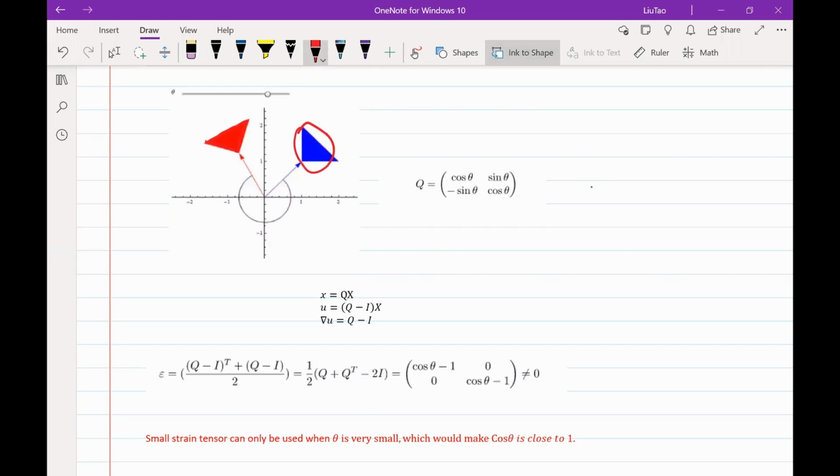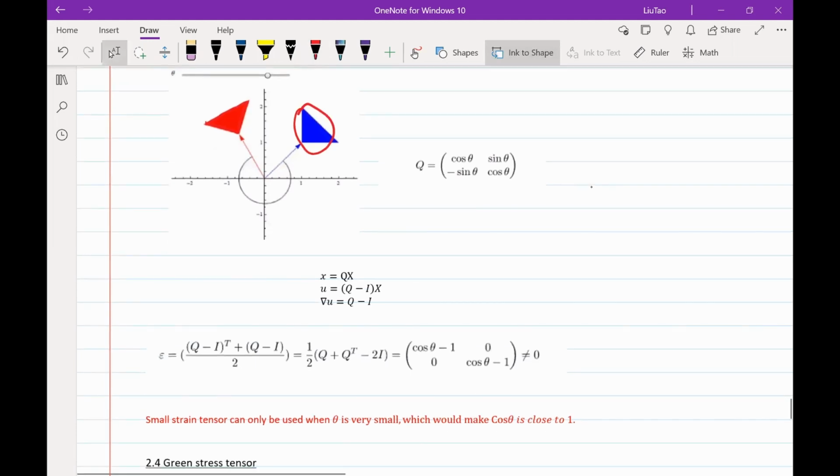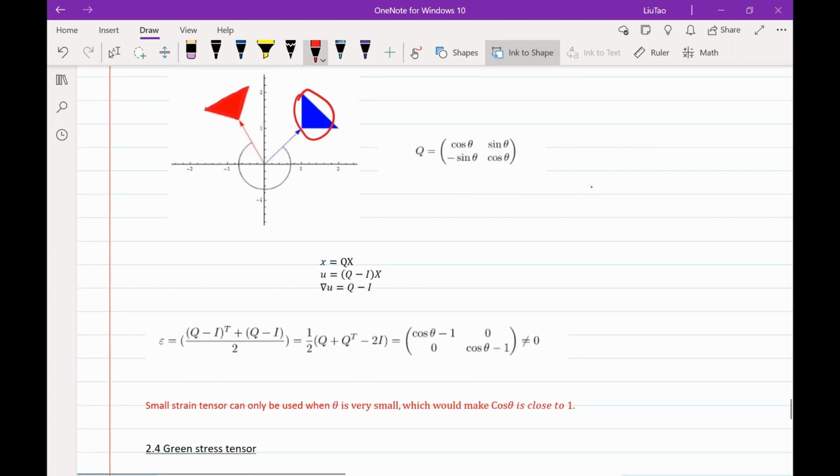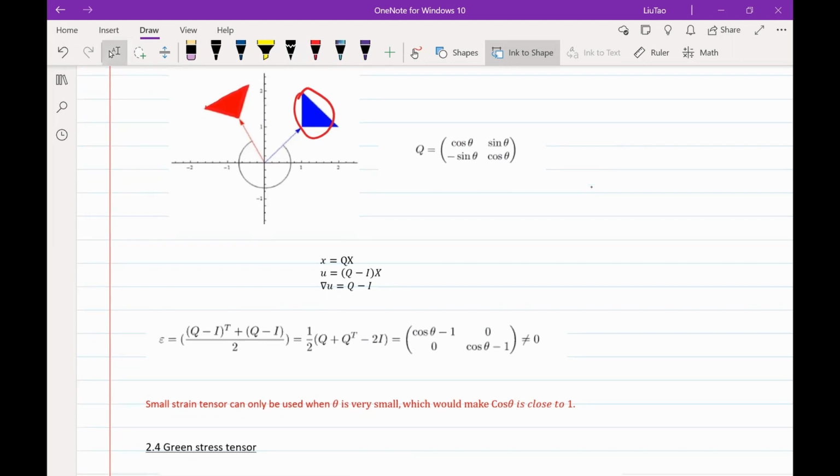Then we can calculate the relationship between x and the capital X, and then we can find the displacement function u is equal to Q minus identity matrix times capital X, and del u is the derivative of u with respect to x1, x2, x3.